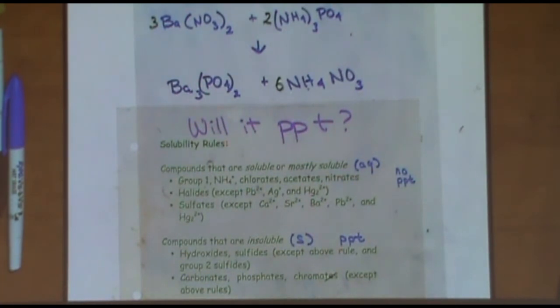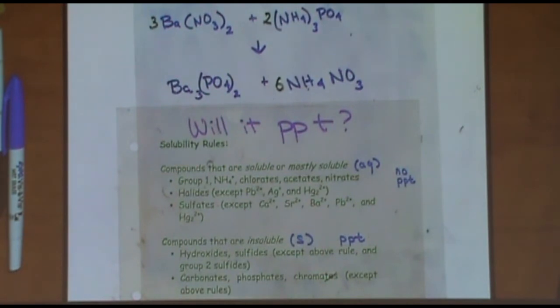Compounds that are aqueous are also called soluble or mostly soluble, or called no precipitate. Compounds that are insoluble are solids or precipitates. Sometimes you might see the word immiscible.